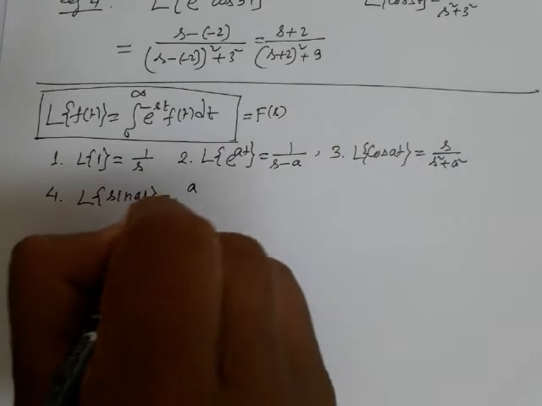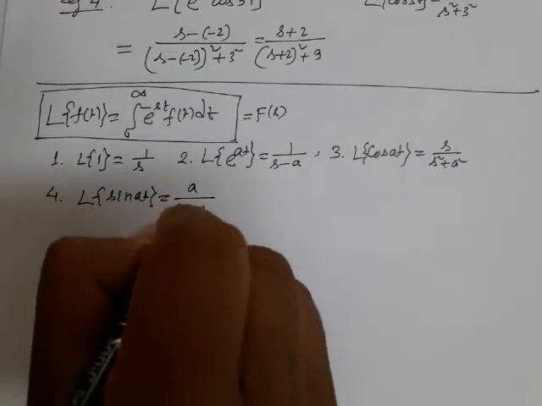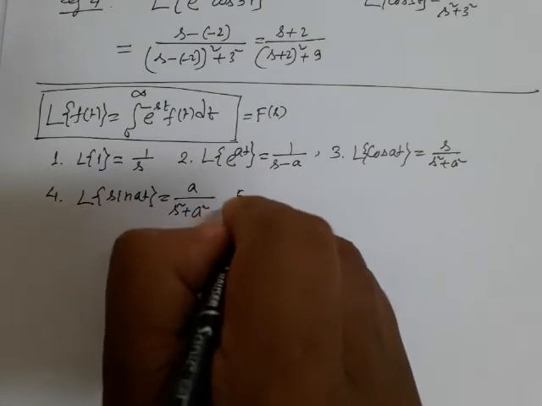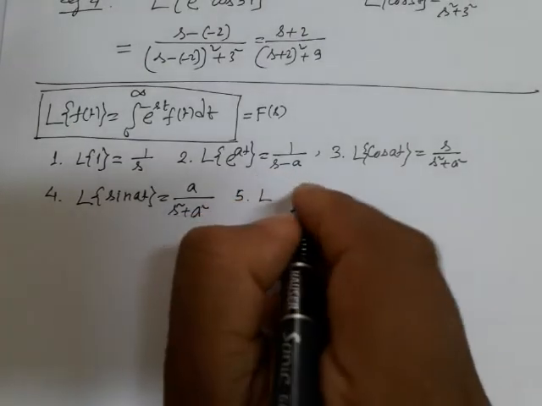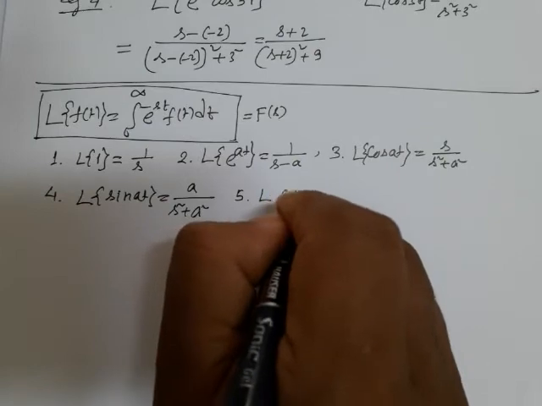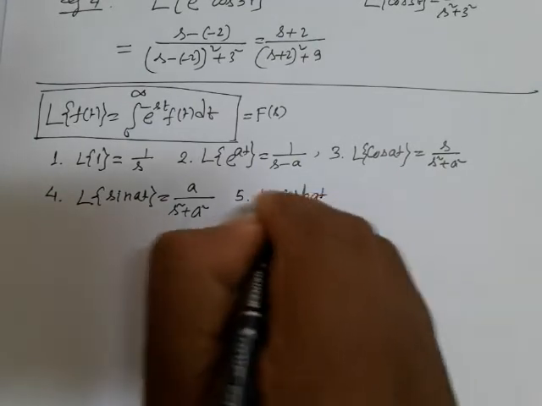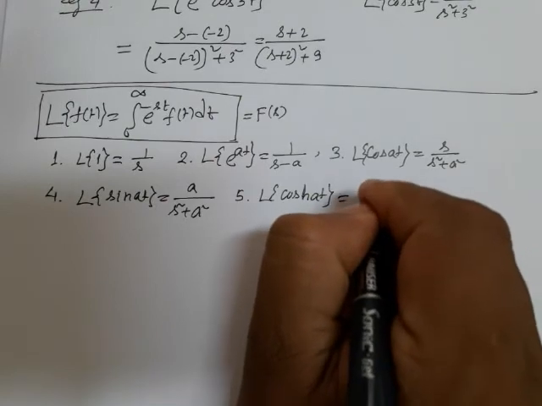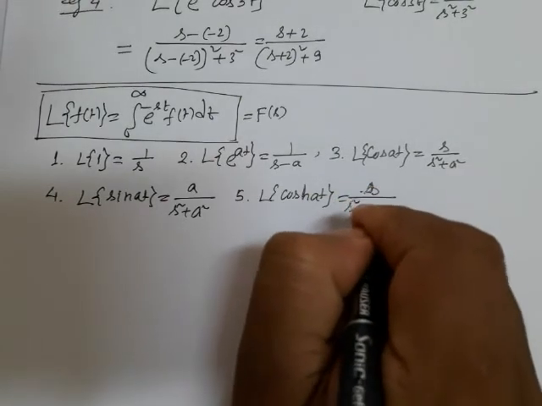So here it will be a by s square plus a square. Okay, next 5, L of hyperbolic function cos h at equal to s by s square minus a square.